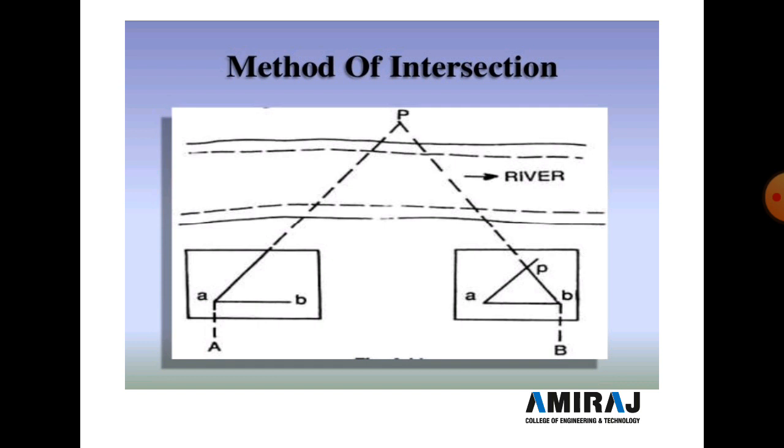Then from the a point we fix the pin, touch the alidade at the a point and bisect the P point, and draw the imaginary line, draw the line small a to P. At the same time, from the a point, touching the alidade, we bisect the ranging rod at the B point and draw the line small ab.